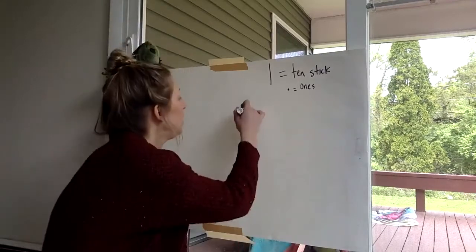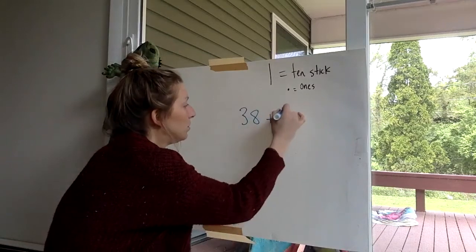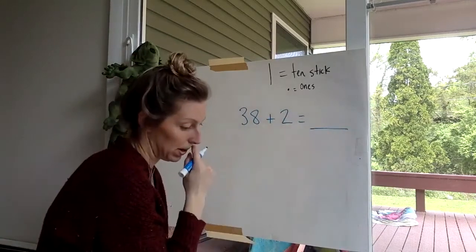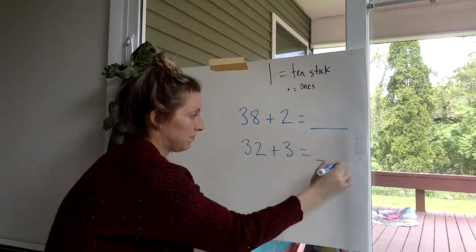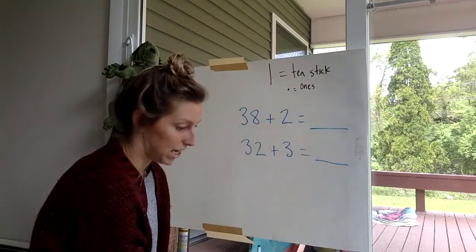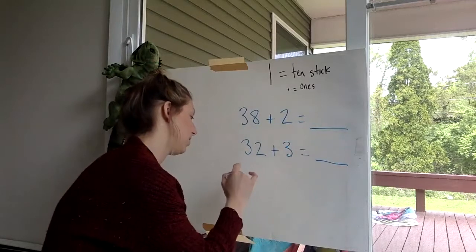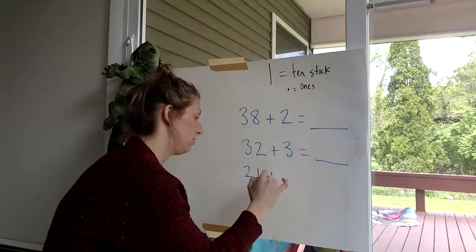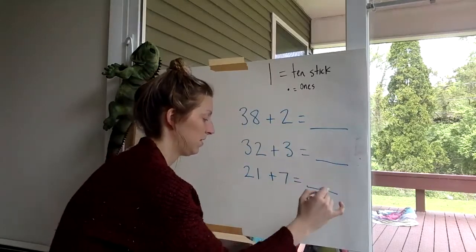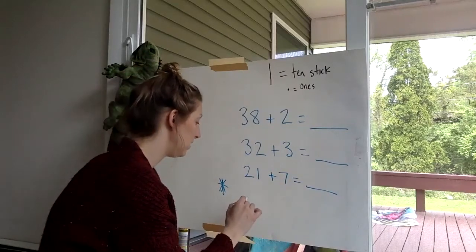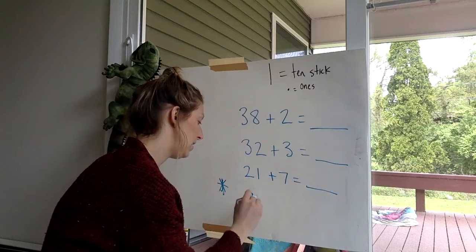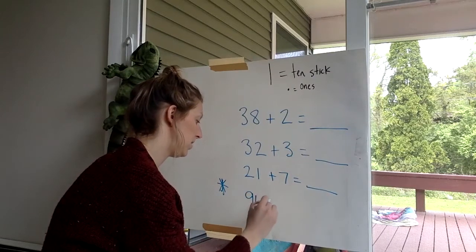Okay, so we have 38 plus 2. We have 32 plus 3. We have 21 plus 7. And then my challenge ones over here are going to be, let's see, 91 plus 5.